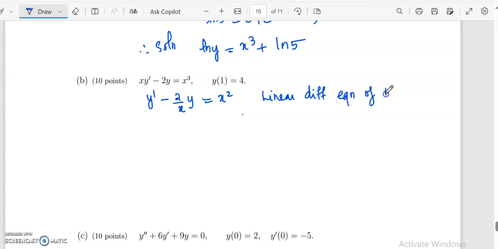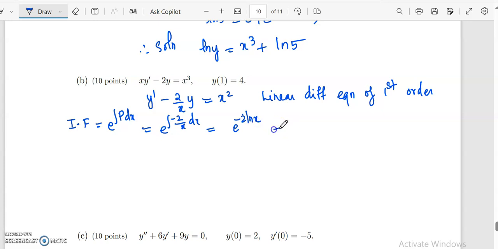Here the integrating factor will be e power integral p dx. So that will be e power integral minus 2 by x dx. So we'll get e power minus 2 log x, which is e power log x raised to minus 2. So we'll get 1 by x square.